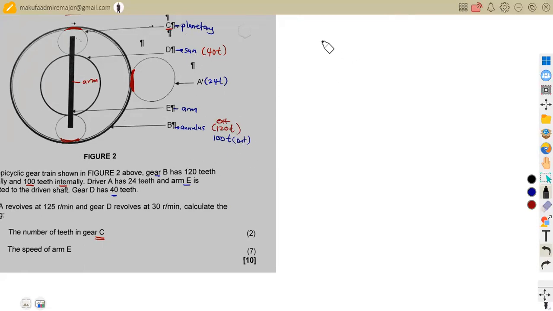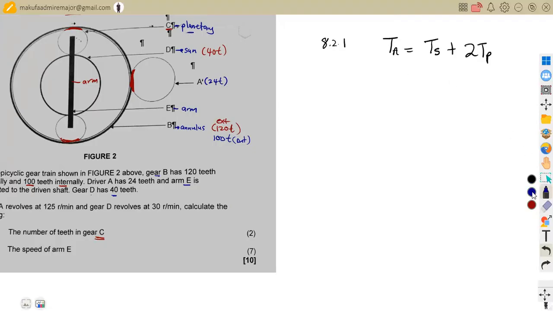So we know that, 8.21, the number of teeth on the annulus is equal to the number of teeth on the sun gear plus 2 times the number of teeth on the planetary gear. This is a formula that you are given on your formula sheet. We are considering here the planetary gear, which is the gear C.